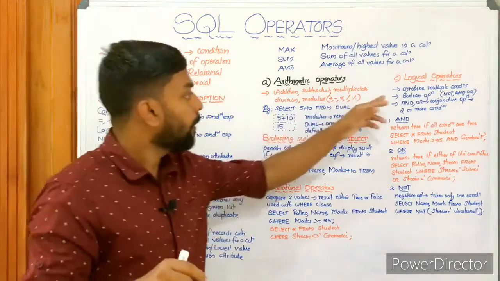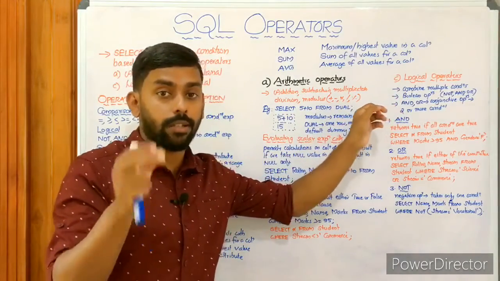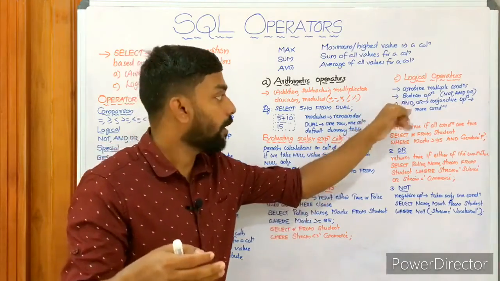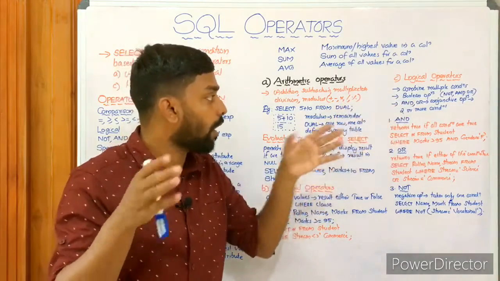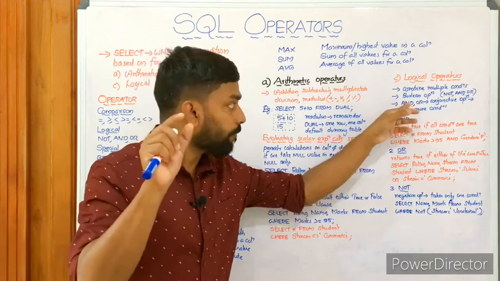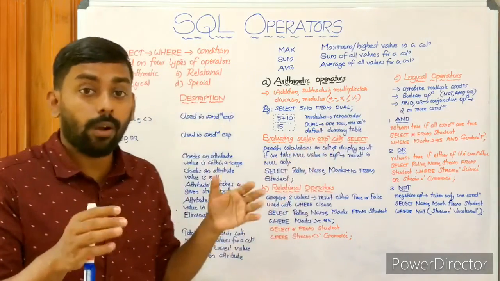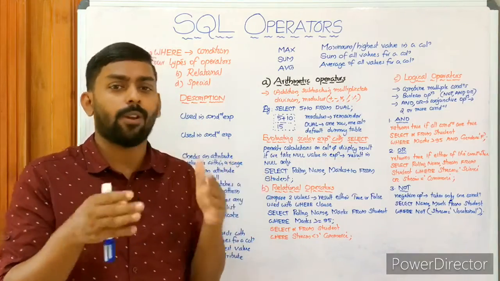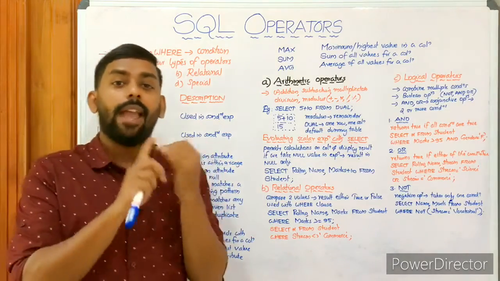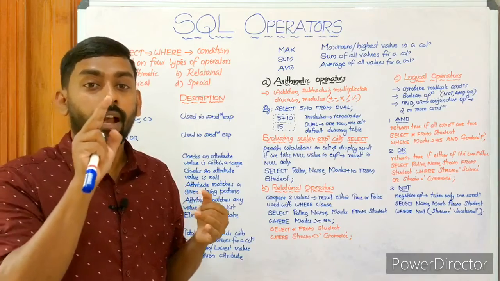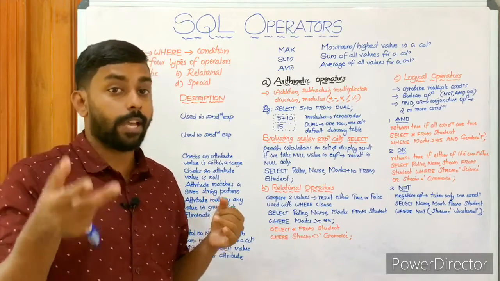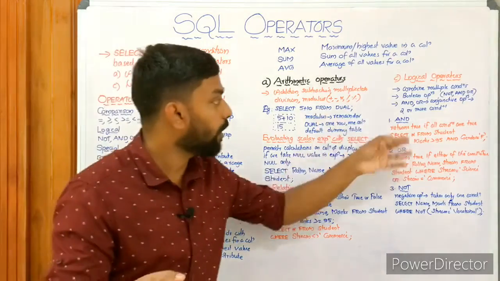So it combines multiple conditions. That's why they are called Boolean operators. Not, and, or are the operators. Then and, or are called conjunctive operators. Why? We know and, or work with at least two operands, two expressions, or two conditions.